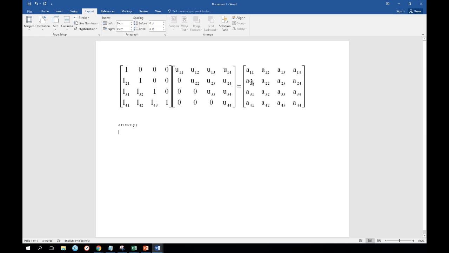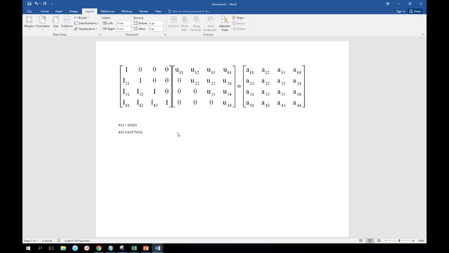Now let's do the A21. For the A21, we have to multiply the second row by the first column. So you would see here that we will be multiplying L21 by U11. And then again, we won't be adding anything else because the rest are all 0.